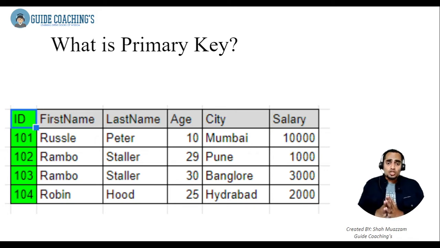Then you can create a combination of two columns, but you can declare the primary key only once. That we will see again later, but for now please keep in mind that you cannot apply primary key to all the columns or to more than one column.